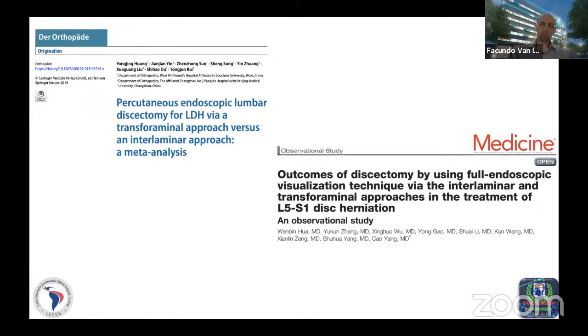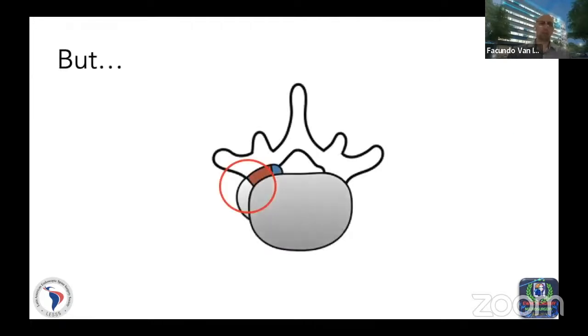Some reviews and papers show that the recurrence of the herniation was actually less when you use the interlaminar approach. But even with the advantages of the interlaminar approach, you had two compartments that were outside its reach: the foraminal and extraforaminal zones.